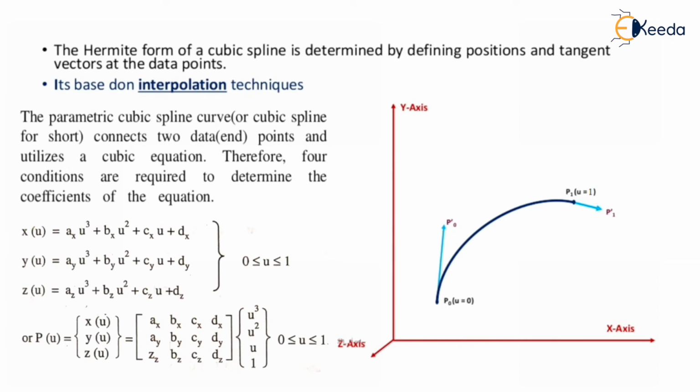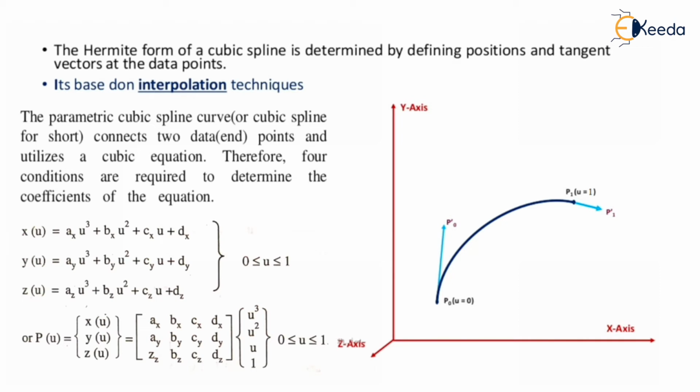The Hermite form of cubic spline is determined by defining positions and tangent vectors at the data points. It is based on an interpolation technique. The parametric cubic spline curve is as shown in the figure. There are two data points and two tangent vectors. Remember this.